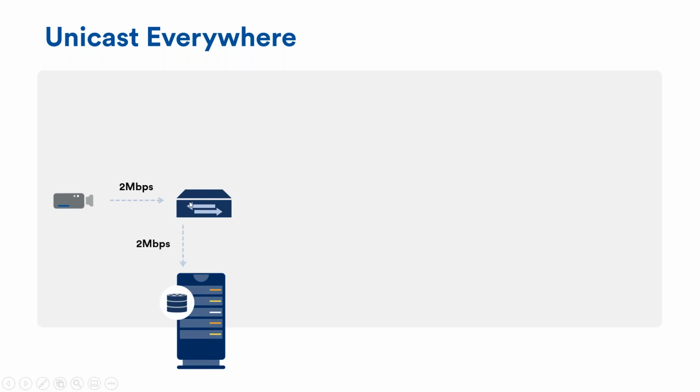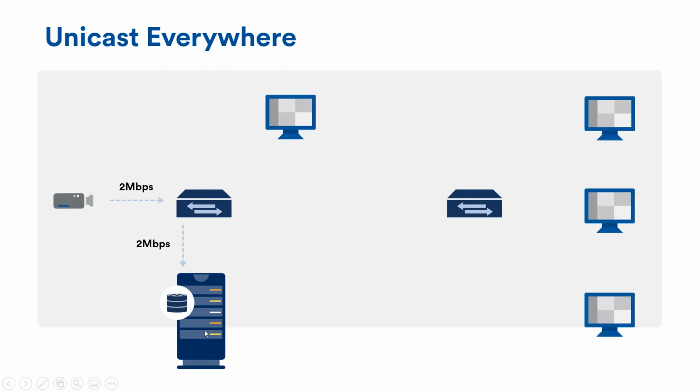Those 2 megabits per second are sent down to the archiver for recording. We've got multiple client workstations on the network that want to view video. The archiver is going to accept the video stream from the camera at 2 megabits per second, and we have 4 client workstations, each wanting to view live video from this camera.